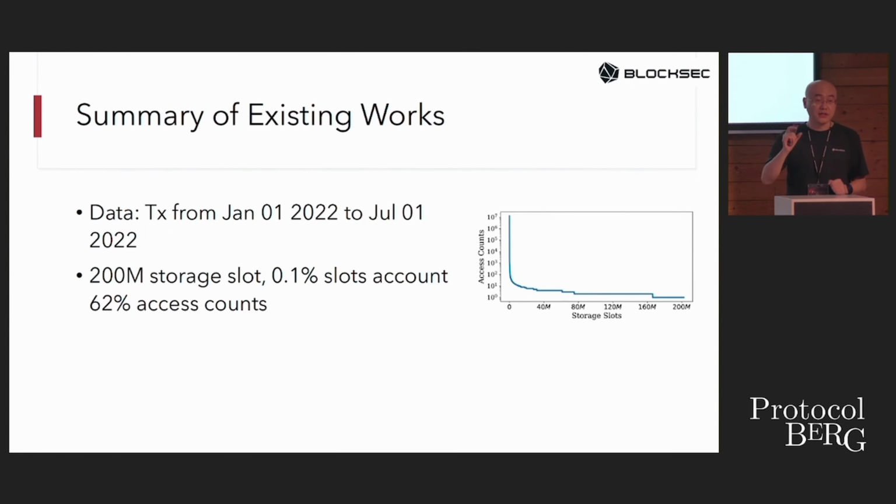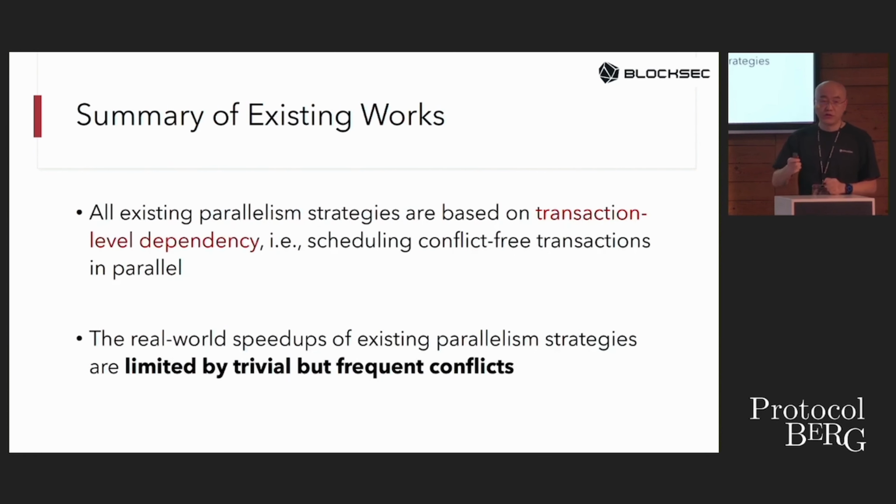That means this hotspot storage will cause a large number of conflicts if we execute these transactions in parallel. All existing parallelism strategies are based on transaction-level dependency. That means if the validation of one transaction fails, we redo the whole transaction. The real-world speedup of existing parallelism strategies is limited by these trivial but frequent conflicts.